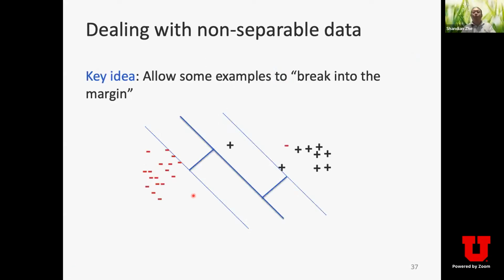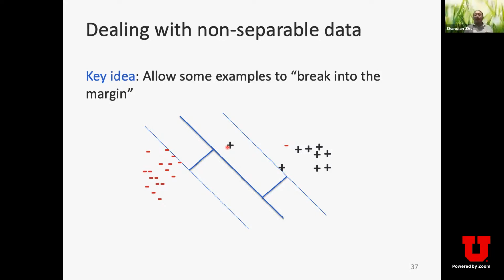In order to deal with non-linearly separable data, we have to compromise on the property of the data. Namely, we assume maybe there are some outliers. If we could find and exclude these outliers, like these black points here, then the remaining points are linearly separable.